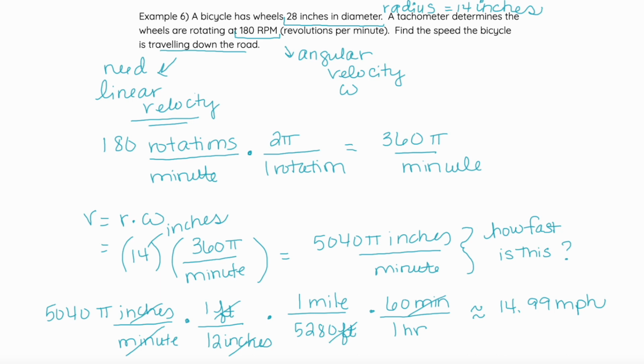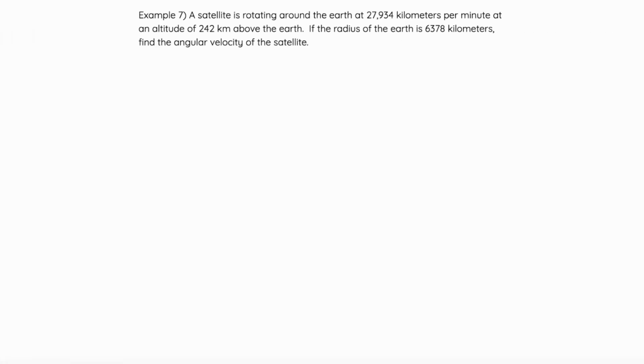Our last example then. A satellite is rotating around the Earth at 27,934 kilometers per minute at an altitude of 242 kilometers above the Earth. If the radius of the Earth is 6,378 kilometers, find the angular velocity of the satellite. So we're looking for w, the angular velocity.